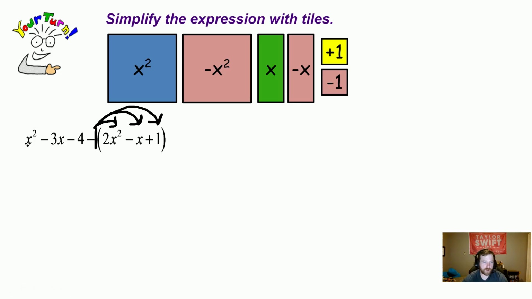So let's rewrite the whole thing. I have x squared. Nothing happened to the left side of my polynomial. So I have x squared minus 3x minus 4. But then I had a 2x squared multiplied by -1. So now it is -2x squared. Flip this sign. It is plus x. And then I have minus 1.